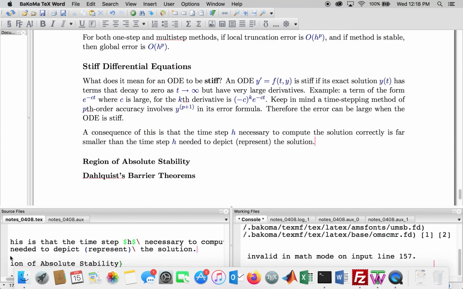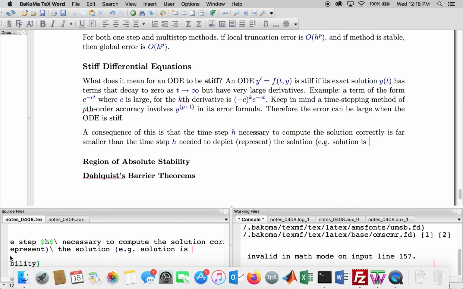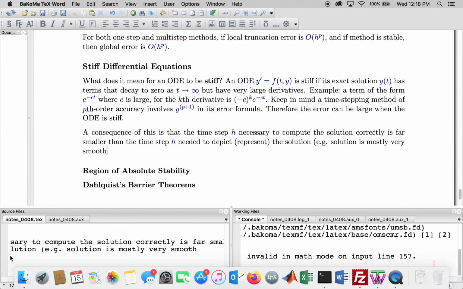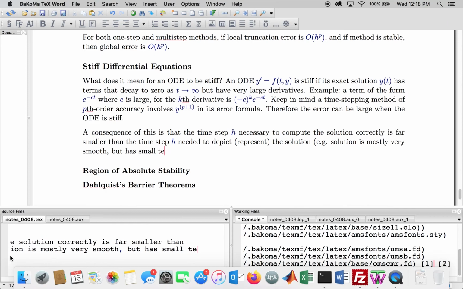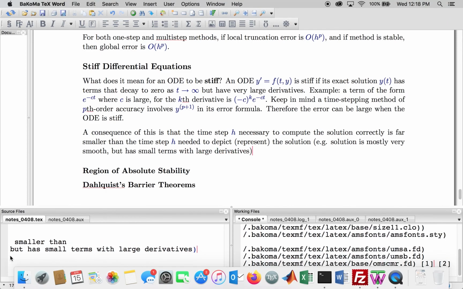In other words, most of the solution is very smooth, at least if the terms that are not negligibly small, but it has small terms with large derivatives, like this e to the minus ct.